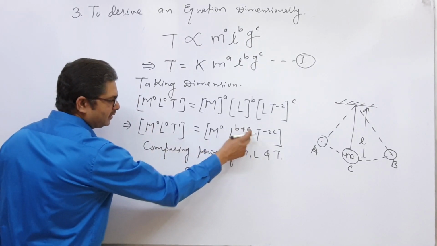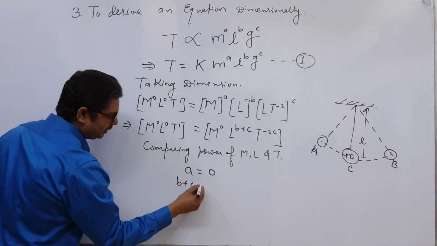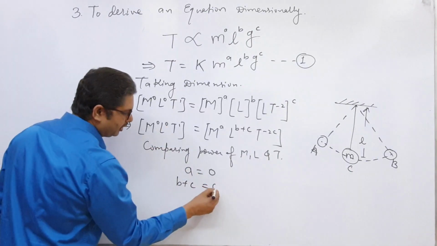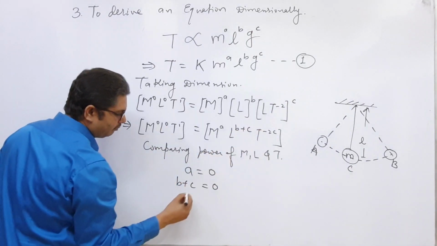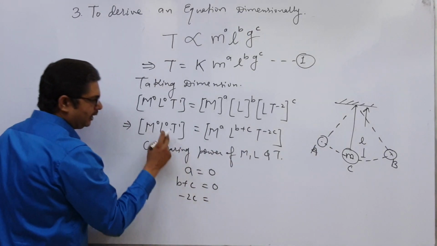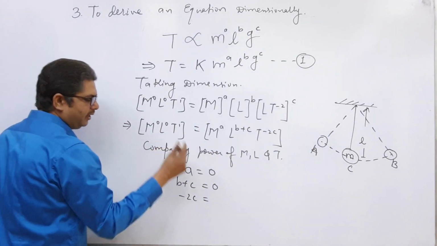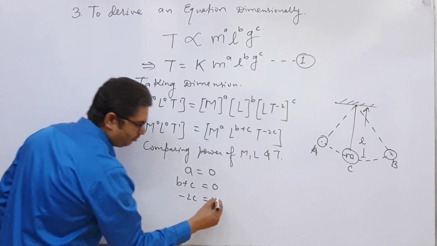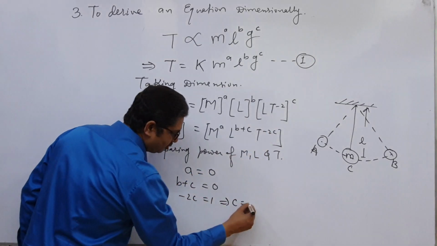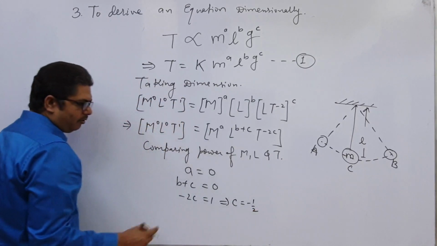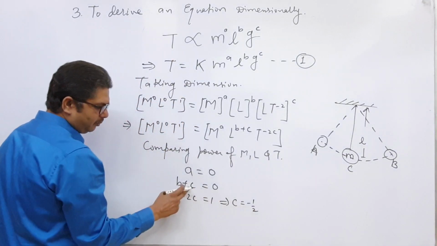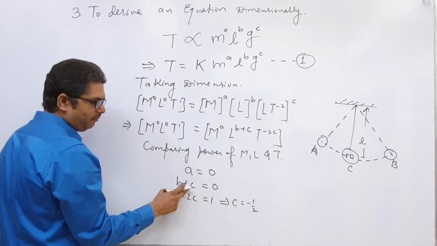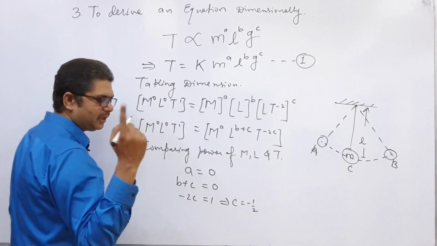L to the power b plus c, and L to the power 0 here. And that side T to the power minus 2c, and this side T to the power 1. From here you get c equals minus half. When you put the value c equals minus half, you get b equal to plus half.